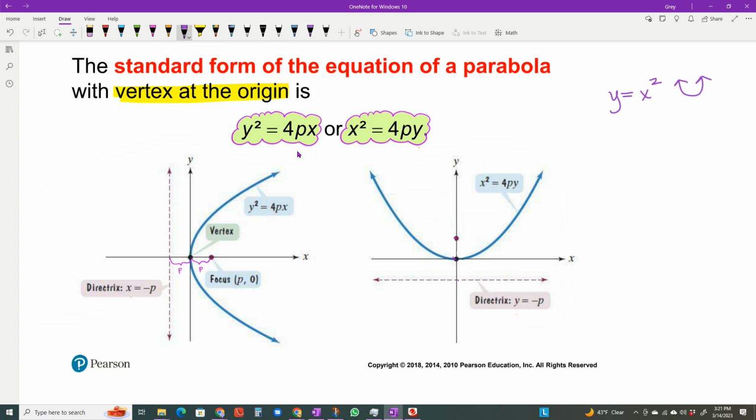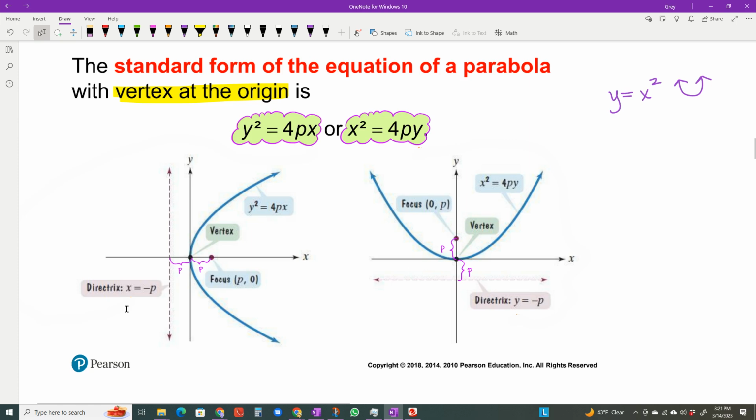In my vertical parabola, I have my focus, I have my directrix, and then I have my value of p, which is the distance from the focus to the vertex. I didn't label that vertex. Now, one thing to help you keep things straight: whichever variable is not squared, that is the equation of your directrix.